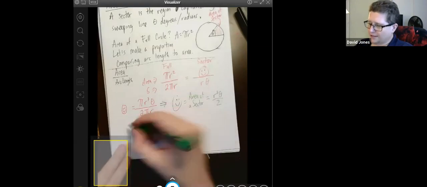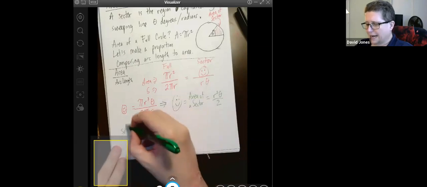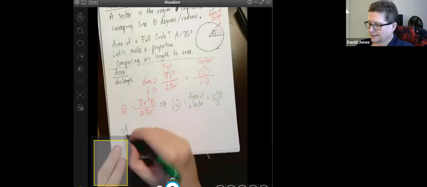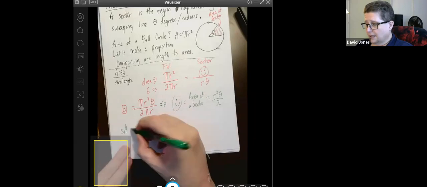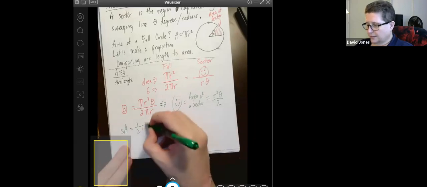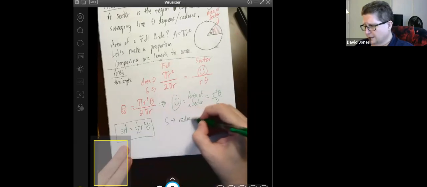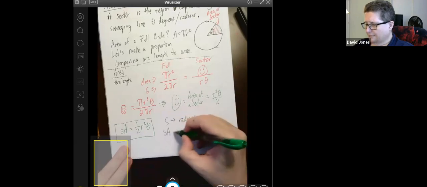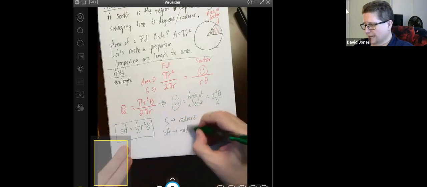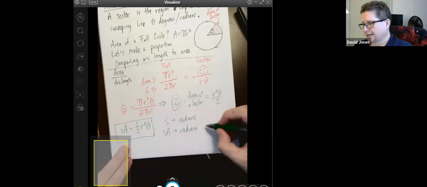The other way of saying it, they often write SA, sector area, is 1/2 r squared theta. Again, S was in radians, so SA is in radians. Well, it has theta in radians. Okay?